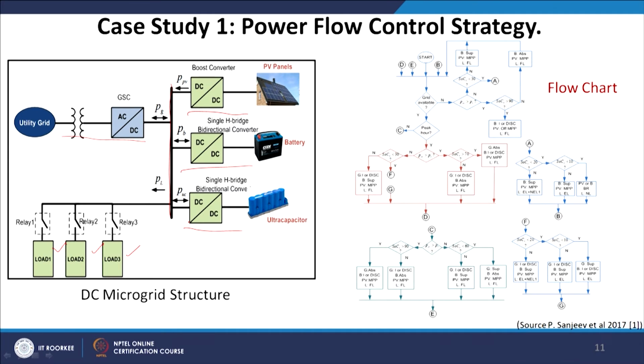So, depending upon the grid situation, we can control your devices within the DC grid, so that the maximum stress on the utility can be avoided by optimally operating your storage devices to meet the loads.